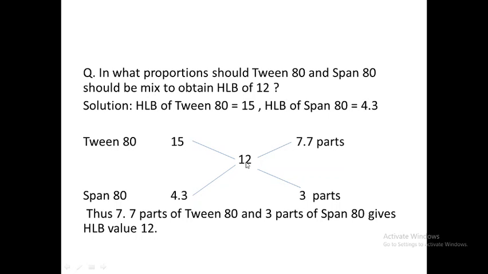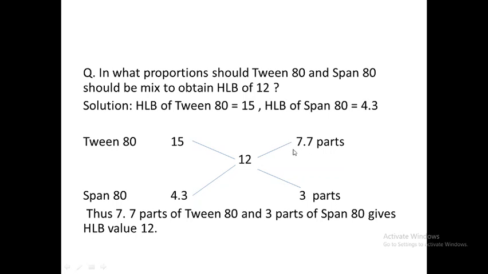Now subtract the smaller quantity from the larger quantity. So 15 minus 12 you will get 3, and put it in front of the other; and 12 minus 4.3 you will get 7.7.